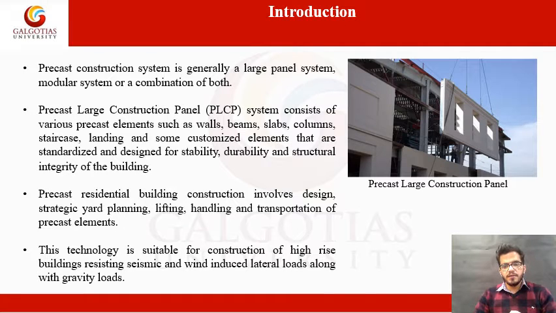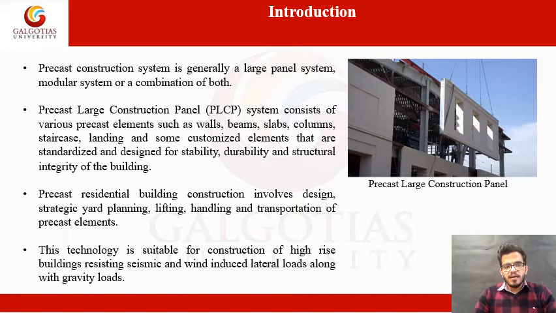Let us first start with the introduction part of the prefabrication system. A precast construction system and a prefabrication system are both the same thing. The precast construction system is generally a large panel system or a modular system or a combination of both.